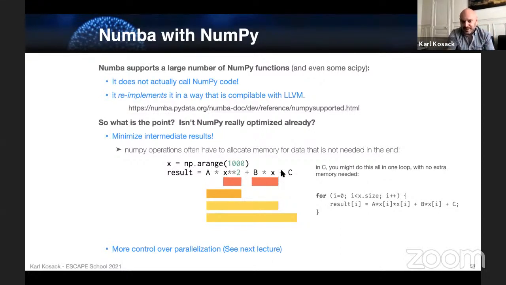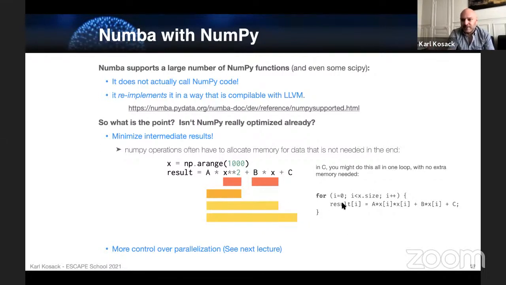It also computes b times x, and then it computes a times x squared, and then it computes the whole expression. So in between, it's used some memory to store these extra intermediate variables. And memory allocation is slow. That takes a bit of overhead.